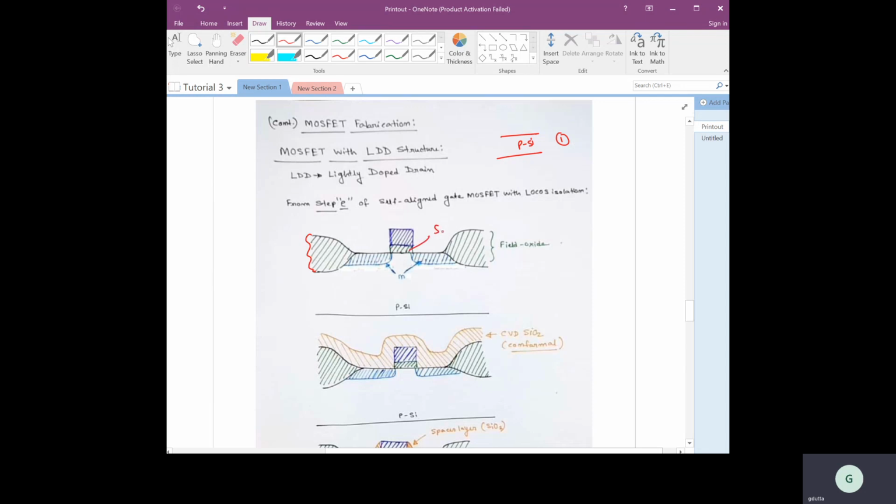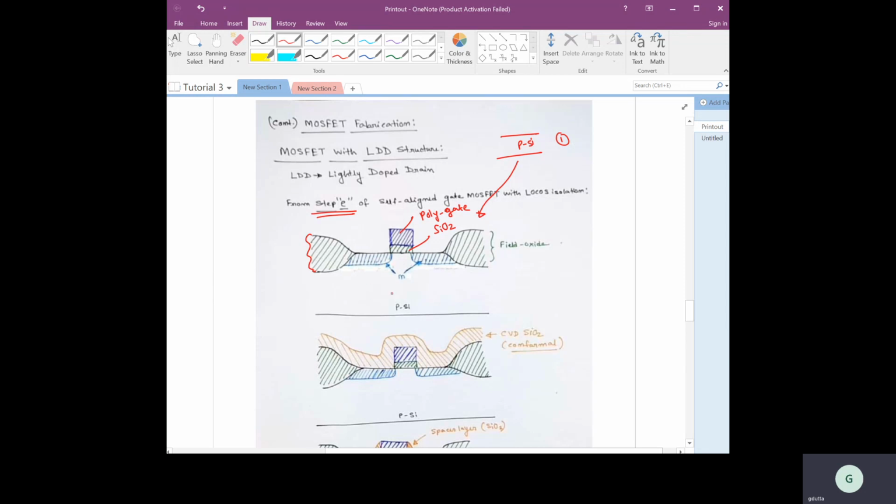This is the silicon dioxide gate oxide. This is the poly gate. We have seen the process up to this. If we already know how to start from the P silicon wafer and make this structure, then it is fine. I have also written here: this is step E of the self-aligned gate MOSFET with LOCOS isolation that we discussed a couple of pages back.